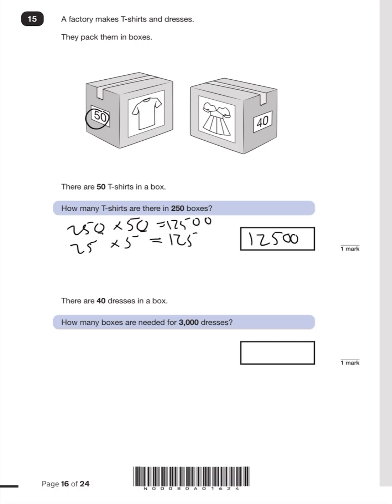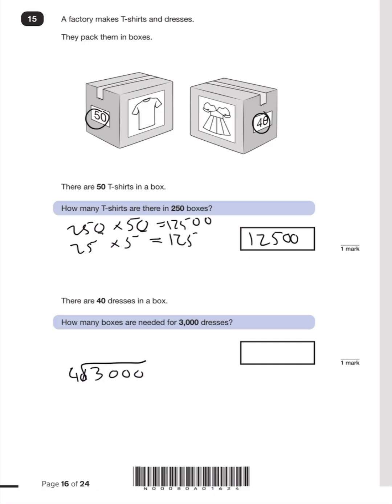The second part, there are 40 dresses in a box. How many boxes are needed for 3,000 dresses? So this time we're going the other way around. So we're going to do division. 3,000 divided by 40.